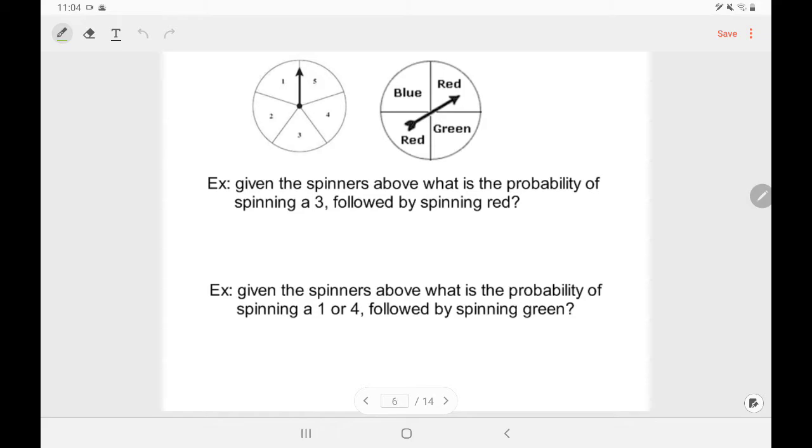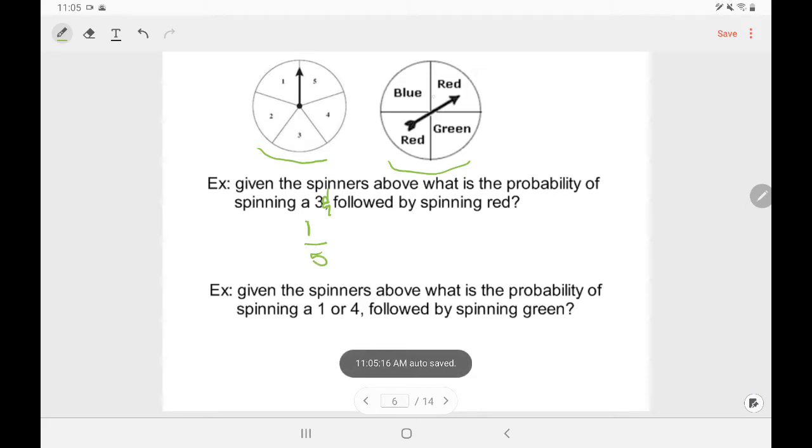Let's run through a couple more examples. Given the spinners above, what is the probability of spinning a 3 followed by spinning a red? So I want a 3 and a red. Now, are they independent? Yes, because spinning this spinner is not going to affect how I spin this spinner. The probability of getting a 3 is one option out of 5.